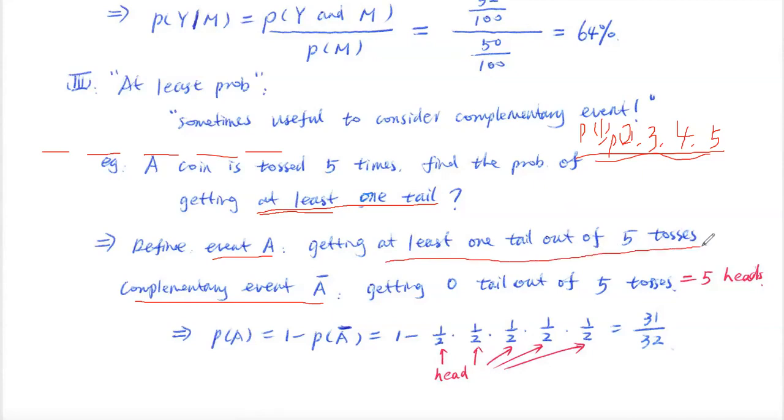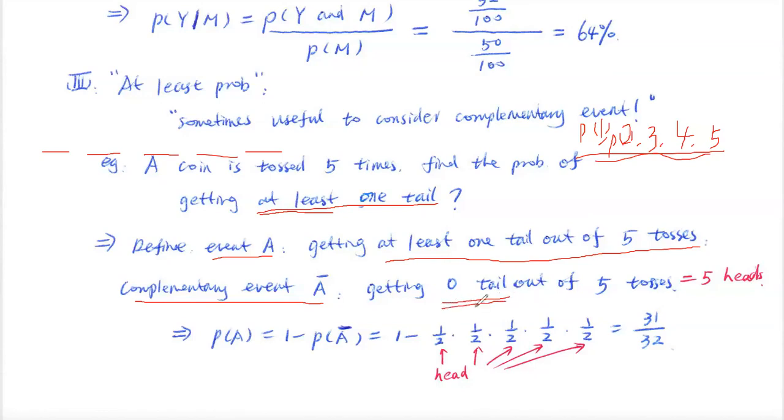Think about the opposite statement, the complementary event. What does that mean? The opposite of at least one tail will be 0 tails. Follow me?